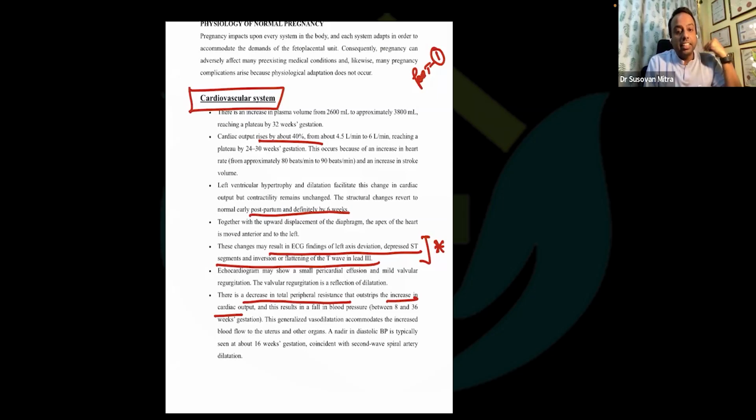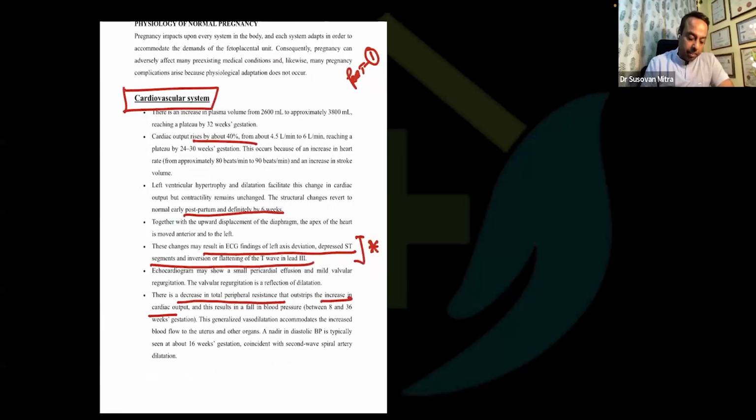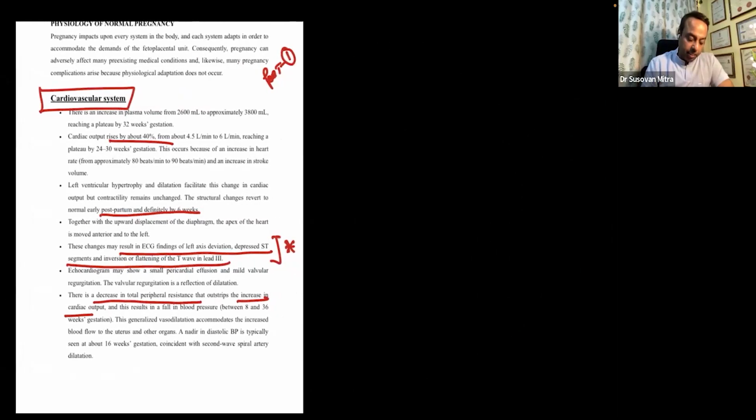This increased vasodilation generally accommodates a lot of blood flow to the uterus and other organs. This is why they will appear a little bit vasodilated or a little bit volume depleted. Keep it in the back of your mind. Now this is where you have the changes, basically these changes happen in cardiology.